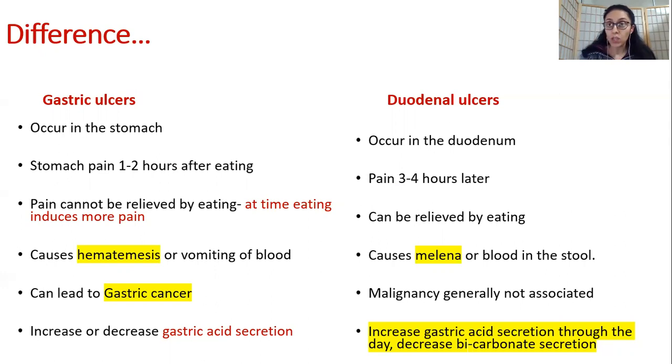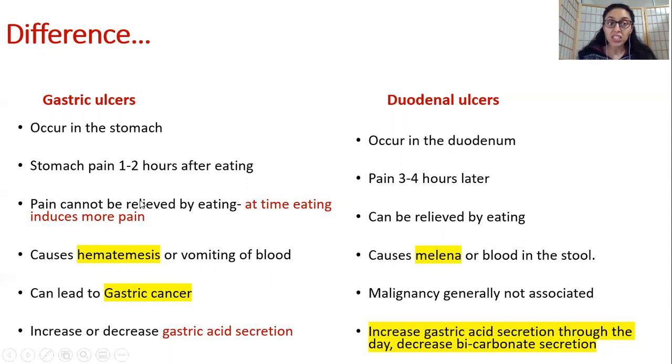So all of the pathway. By the time it comes out in the stool, the blood is not fresh. It is quite dark red in color, maroonish sort of. So therefore, there is also a color difference in the blood between gastric and duodenal ulcer.